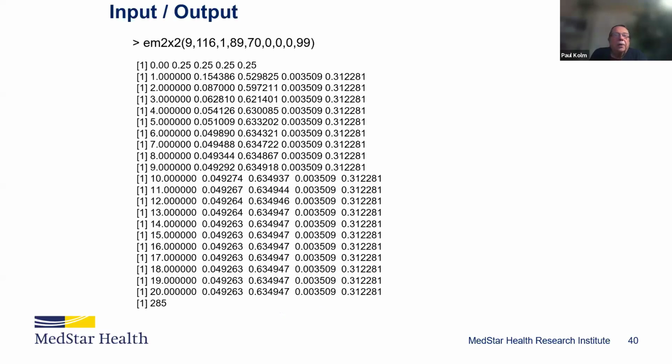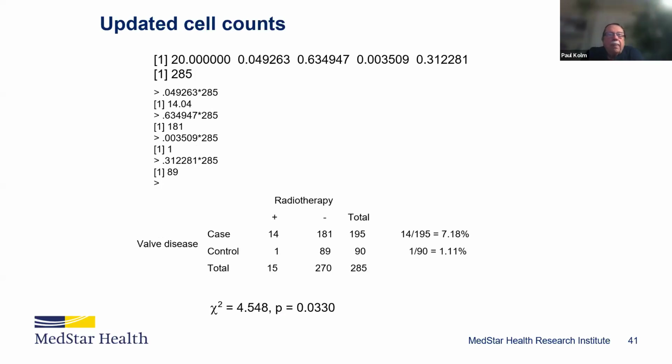And so this is what it looks like on output, a value for each cell, starting with ones where I said that the proportion in each cell was the same. And then I come out with a table that looks like this, where I fill in the missing data from the cells.